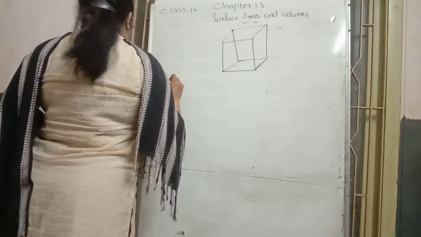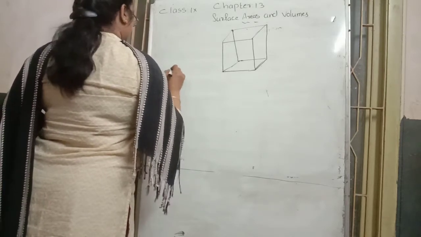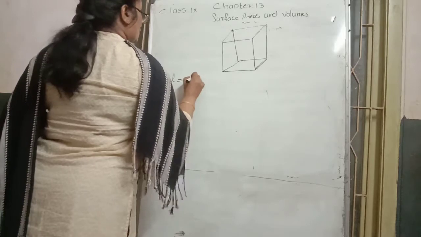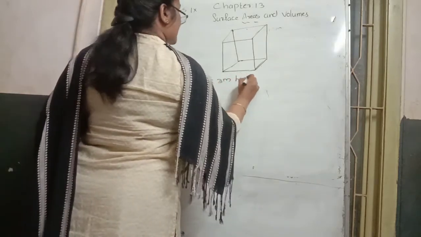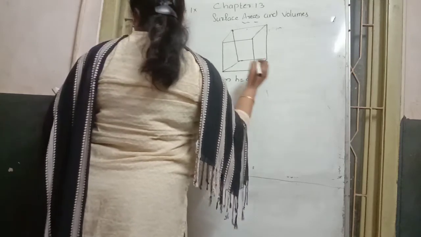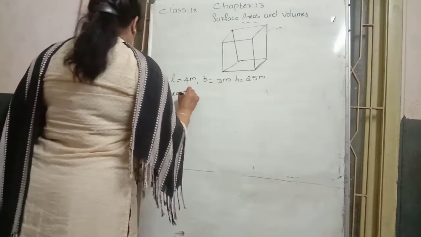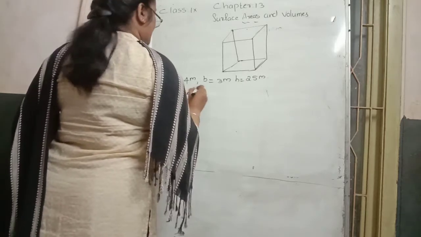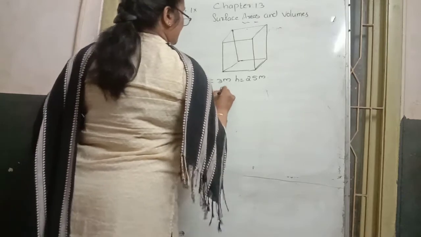The dimensions of the shelter are given: length 4 meter, breadth 3 meter, height 2.5 meter. We want to find the area of tarpaulin required to make the shelter.